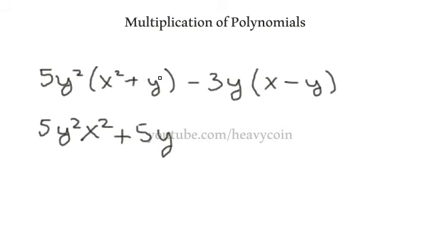But because we have a 2 and we're multiplying it by this y here and there's a 1, that's going to become y raised to the third power. Minus 3y times x. And then we have this minus here and we have a minus here, so that's going to make that a plus. And then this is going to be 3y squared, because we have y times y, we get y squared. Okay, can we simplify any of this down? And the answer to that is no, and we're just going to leave it like it is.